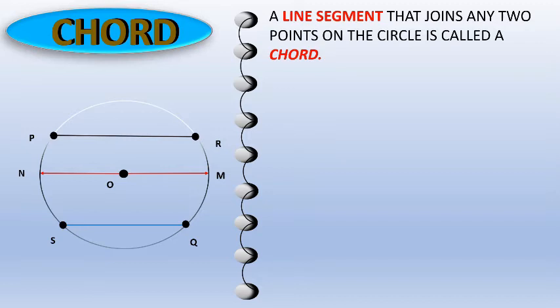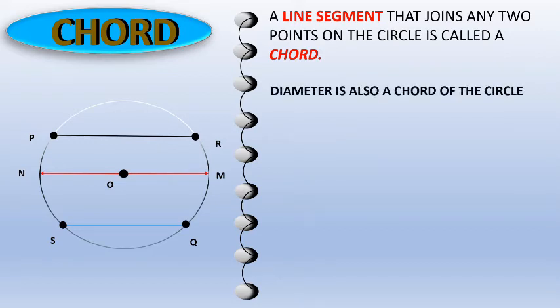Now why have I drawn this diameter here? If you read the definition of the chord, a line segment which joins any 2 points on the circle, and if we see this diameter, it also touches 2 points on the circle.